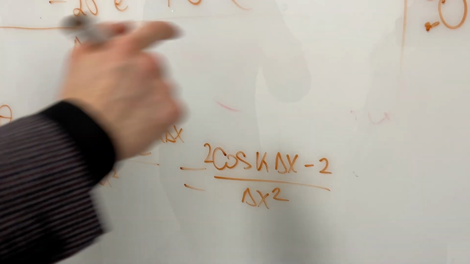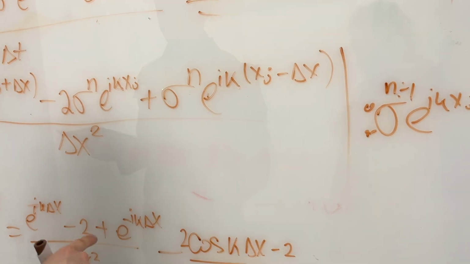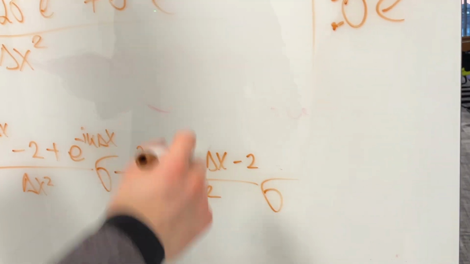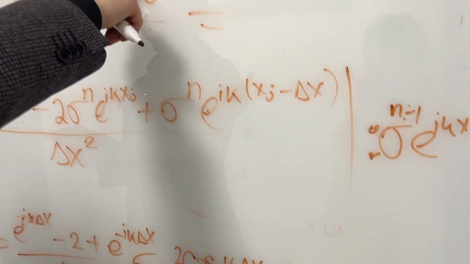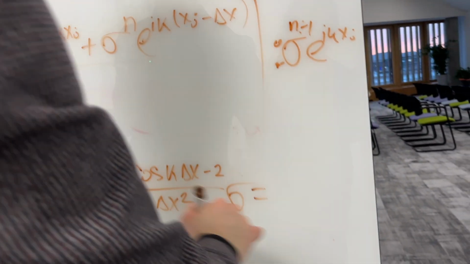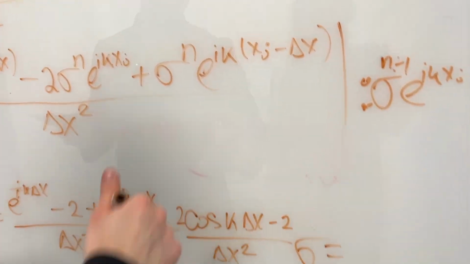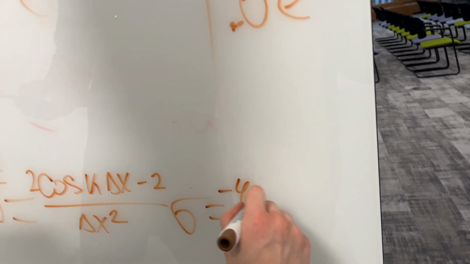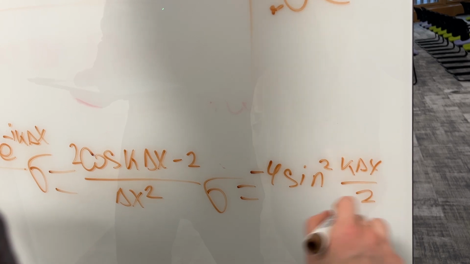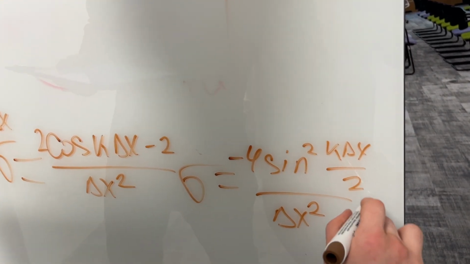I forgot that we divided not by n, but n minus 1, and here we will keep sigma, because here we have sigma to the power n minus 1. Now I will continue simplifying it as a half angle. So that's why it will be minus 4 sine squared of k delta x divided by 2, times delta x squared, and multiplied by sigma.